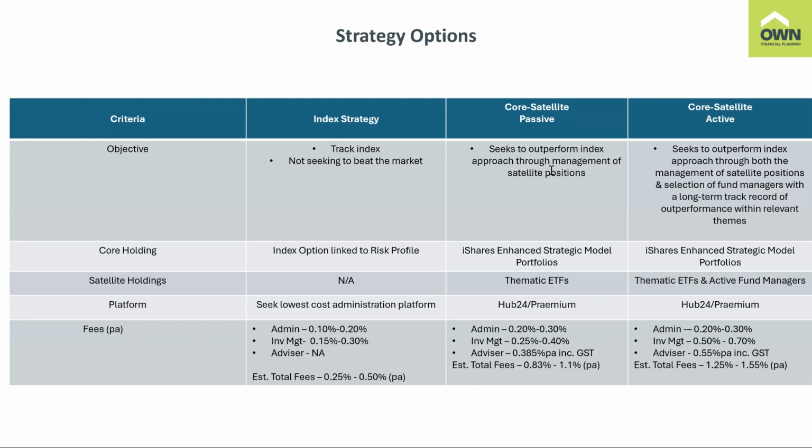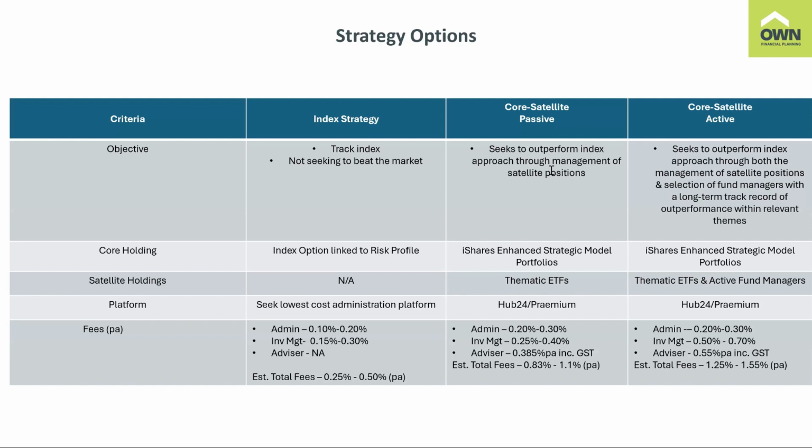Our two core satellite strategies seek to outperform an index approach through the cycle through the management of the satellite components of the portfolio by identifying themes and fund managers that have a tendency to perform well at various stages of market cycles.